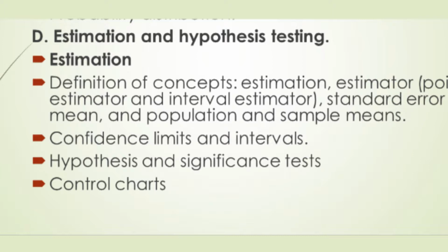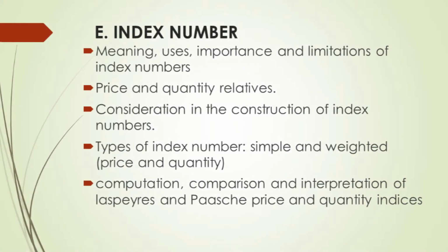So here you need to be well versed with getting confidence limits, confidence intervals, control charts, then index numbers, meaning, uses and importance, limitations of index numbers, then types of index numbers, simple and weighted, both price and quantity indices.